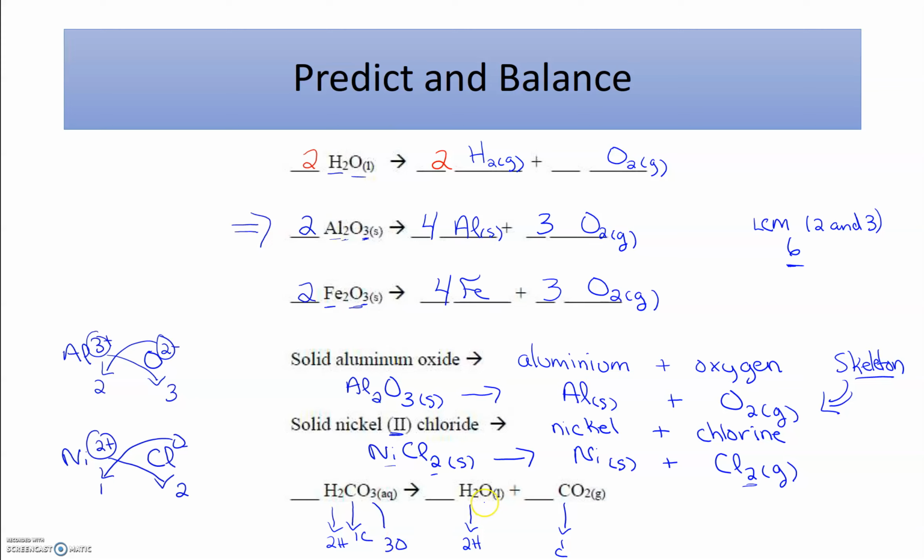For oxygen, I've got 1 oxygen in water, and I've got 2 oxygens in carbon dioxide. And so when I add that up, I've got a total of 3 oxygens on my product side. So it looks like it's already balanced as it's written.